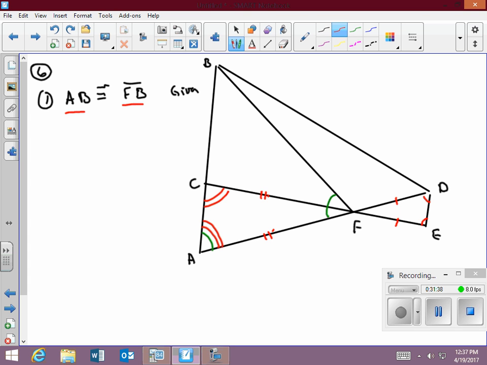Therefore, I could write it out: the reason is the measure of angle AFB is congruent to the measure of angle FAB.